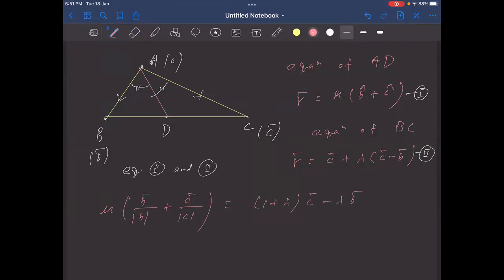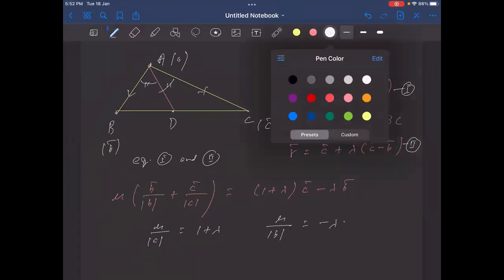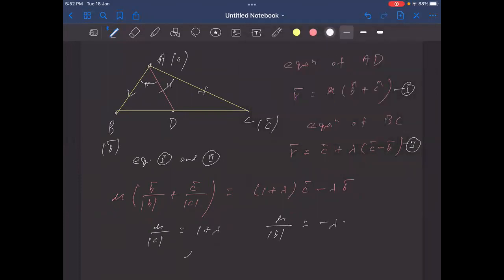We equate the coefficient of C with C and mu with B. By equating the coefficient of C, we get mu by mod C is equal to 1 plus lambda, and by equating the coefficient of B, we get mu by mod B is equal to minus lambda. So by placing this, mu by mod C is equal to 1 minus mu by mod B. What is mu?